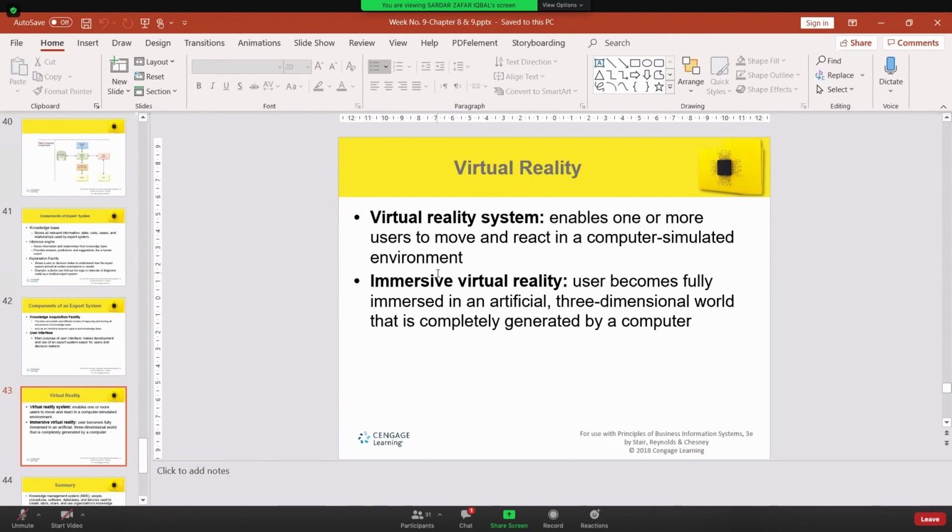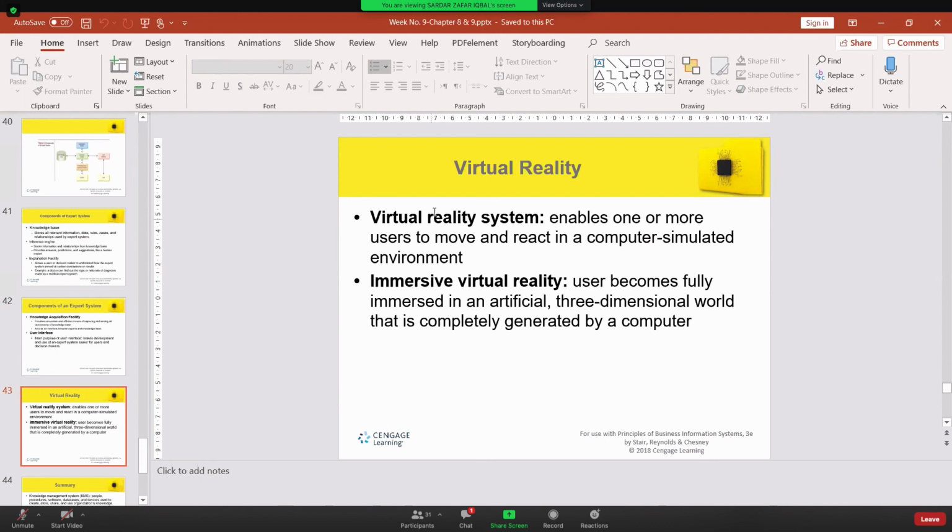Virtual reality is also being used nowadays in many fields, like in the driving license department. Nowadays they are creating a virtual environment for practice, and they are taking the test in a virtual reality environment. If you go for driving license lessons, they create a virtual environment of driving. I think it is also in some areas here in Saudi Arabia.